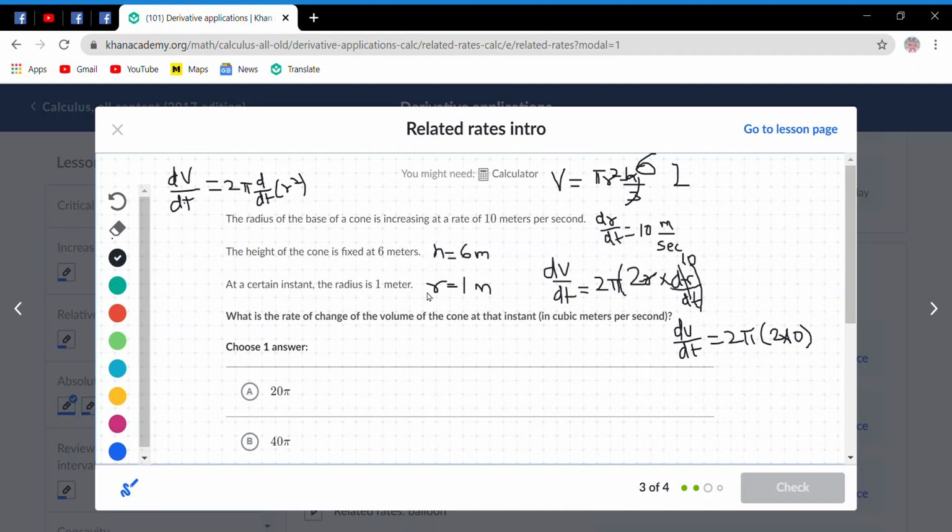Did I do that right? Yes, because height was in meters also. So this becomes cubic meters per second. So this becomes 20, and 20 times 2 becomes 40, so the whole thing becomes 40 pi meters cubed per second.